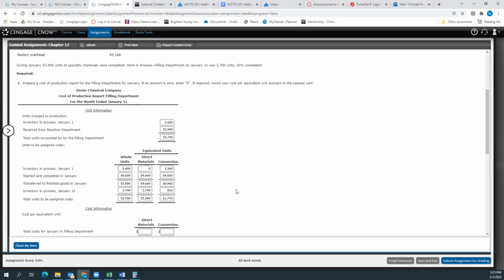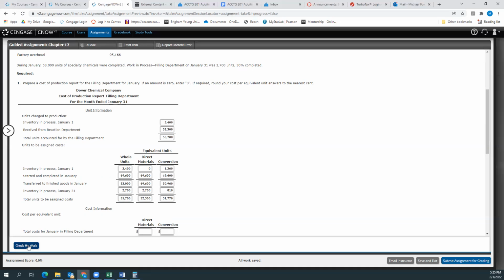Okay. Up here, we figured out how many overall units there'd be, 55,700. We can see that our whole units adds up to 55,700. And that we had to apply during the month 52,300 units worth of direct materials and 51,770 units worth of conversion costs. So this is going to play into the next section.